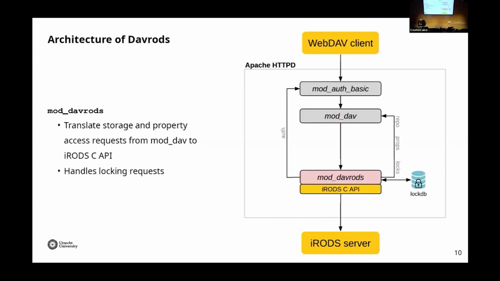And mod Davrods, this is our custom module, which translates the storage and property access requests from ModDAV to the iRODS API. And it also handles the locking requests, because we do have a locking mechanism. We tried a couple of things with locks, but we decided on a fork of the already existing mod Davlock module.